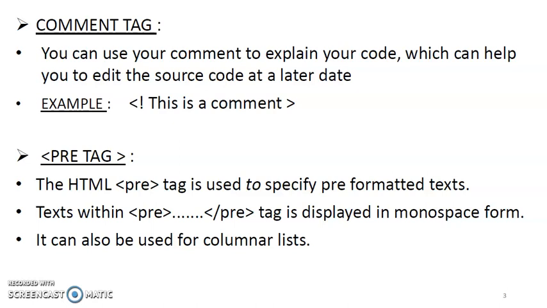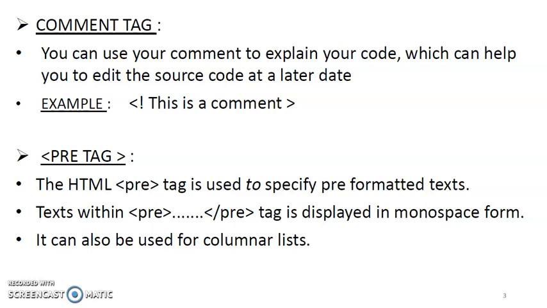Okay, so anything written in between the comment tag will be ignored by the browser. So the comment will not be visible on the web page. Okay, so this tag is used only for the user's understanding.